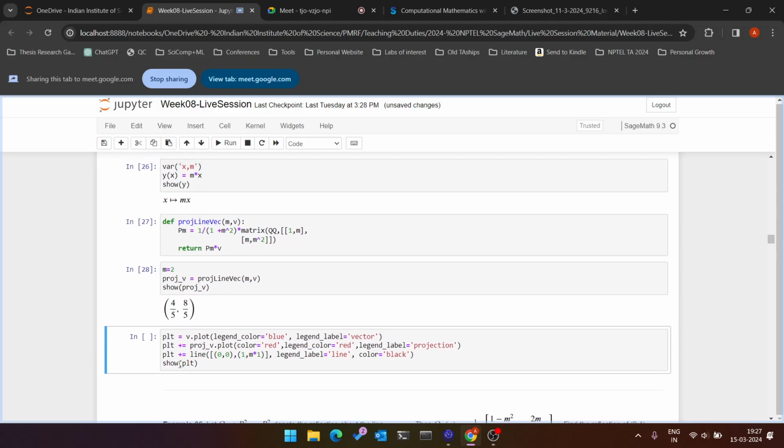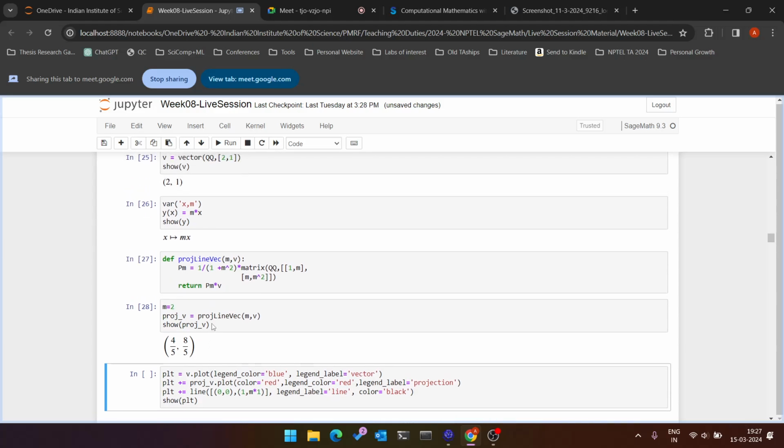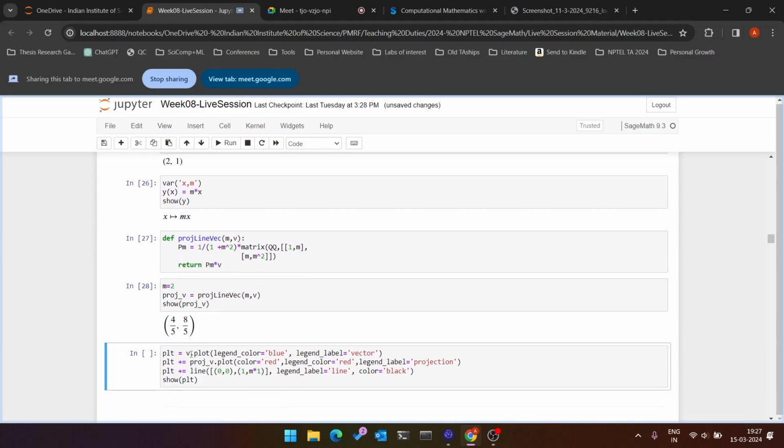If I now plot the different components, I'll be plotting the vector v with the label vector. I'll also be plotting the projection of vector v in the red color, and finally I'll be plotting the line y is equal to mx. It will go from the origin 0 comma 0 to the point 1 comma m, and it is a line with color black.